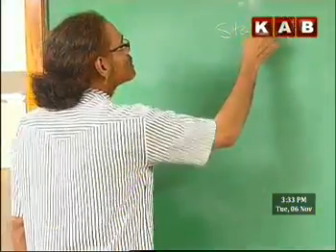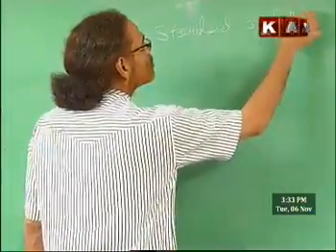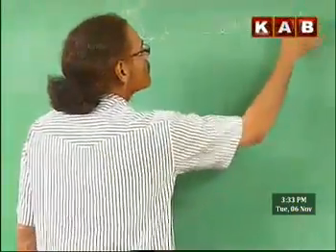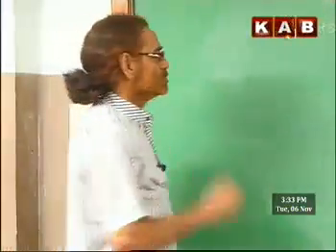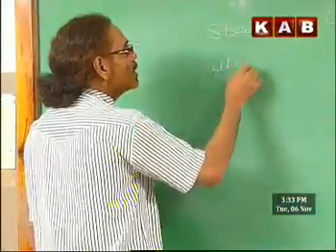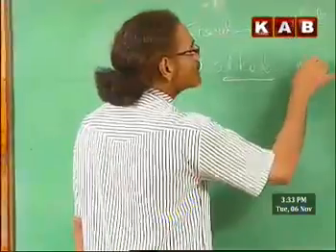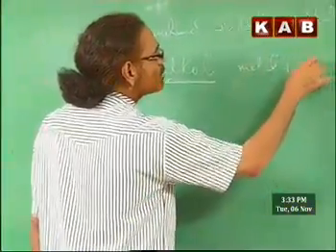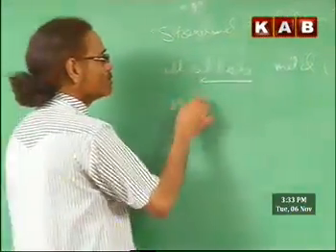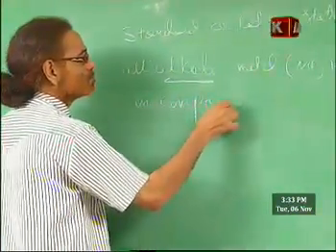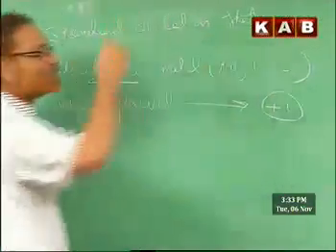Standard oxidation states. Here, this short list is useful. All alkali metals, like sodium, potassium, etc., in compounds have always the same oxidation number, +1.